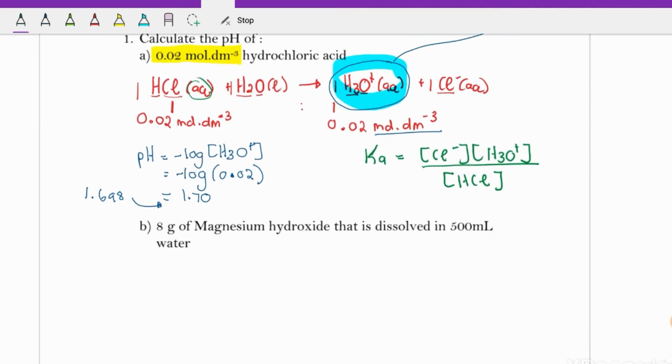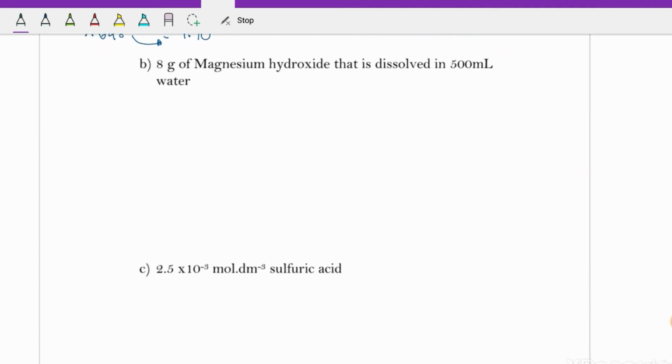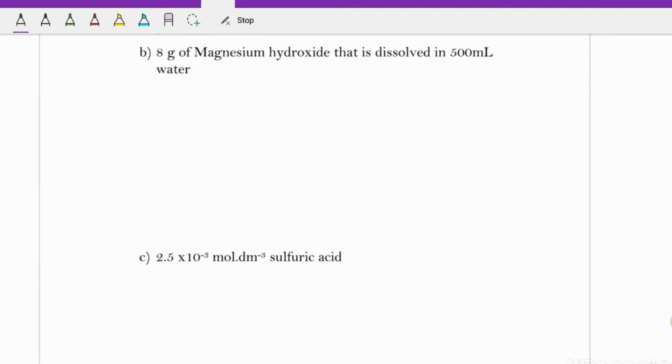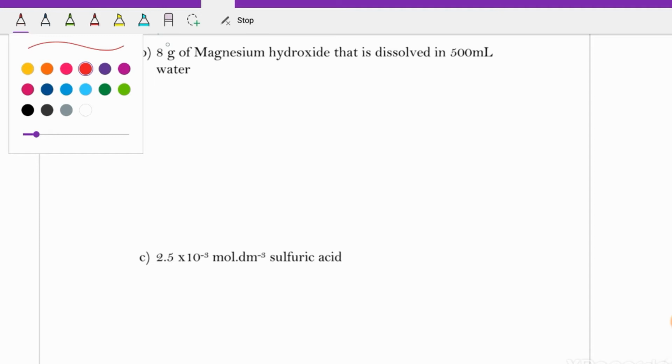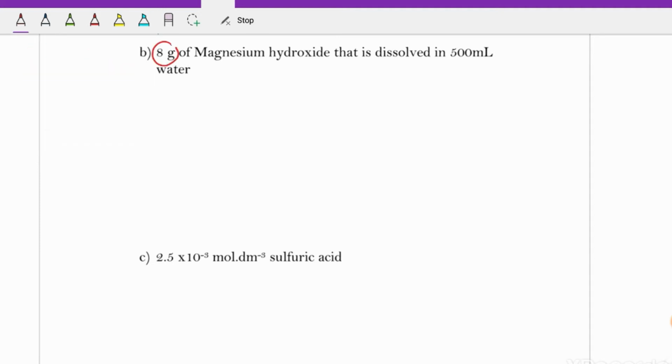Okay, moving on to the next example now. They're actually giving you the mass. So they tell you that you have 8 grams of magnesium hydroxide and they're giving you the volume. So always record what you have. So you have the mass and you have the volume.